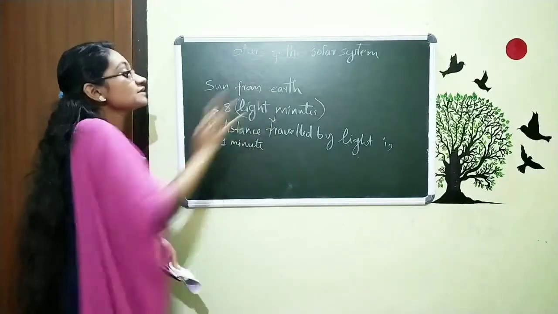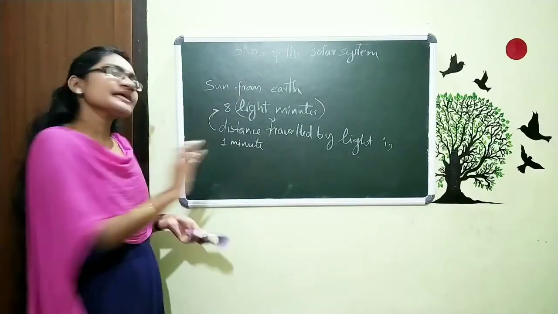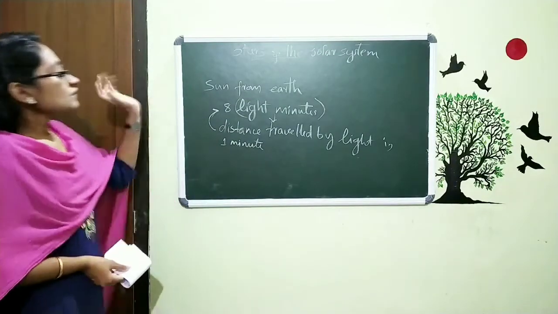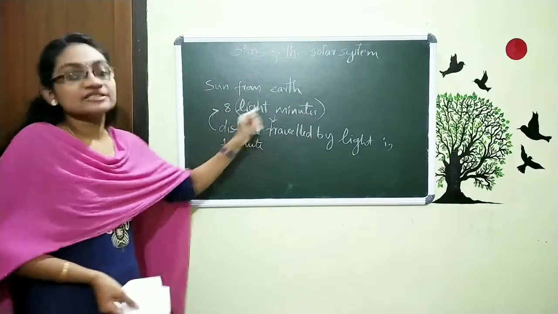So, 8 light minutes means the distance travelled by light in 8 minutes. That is the meaning of this. So, the distance from Sun to Earth is 8 light minutes.